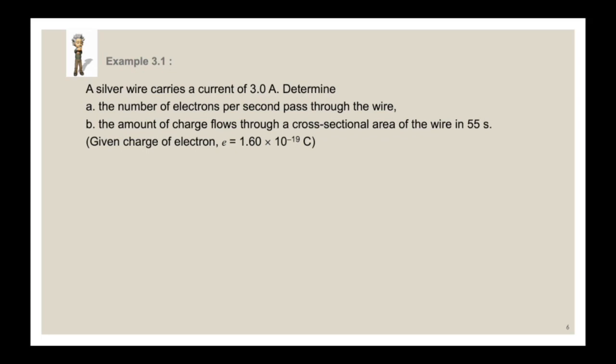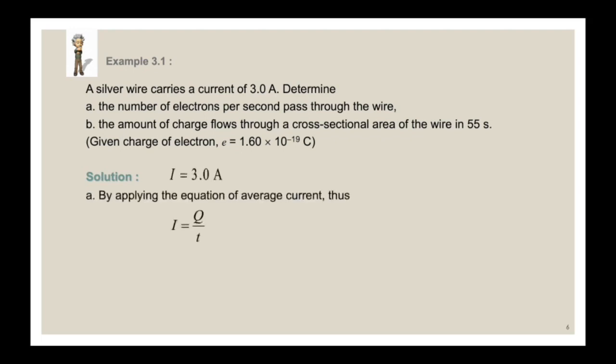So for example 3.1, a silver wire carries a current of 3 ampere. So we have I is 3. Question A: determine the number of electrons per second passing through the wire. So we want N over T. I is equal to Q over T. We only have one equation in this subtopic.